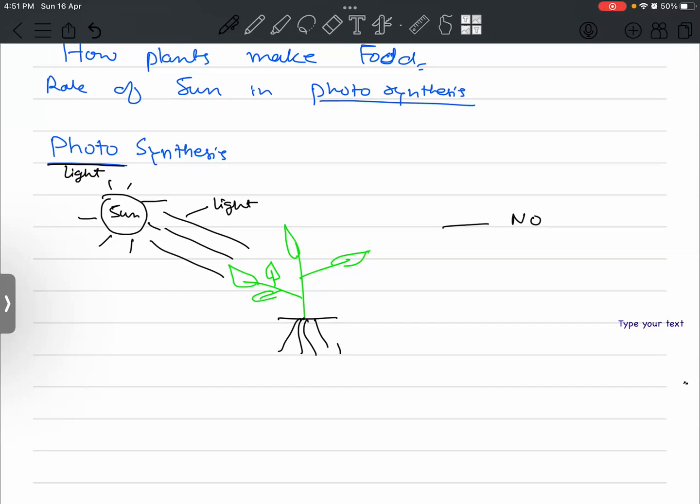Plants need three things to be healthy: water, sunlight, and carbon dioxide. If any one of these is not there, they can't make food. Exactly. During the daytime, when sunlight is there, plants do photosynthesis.